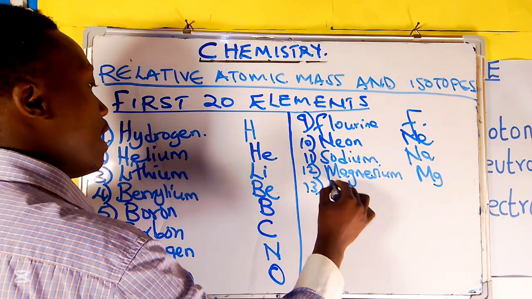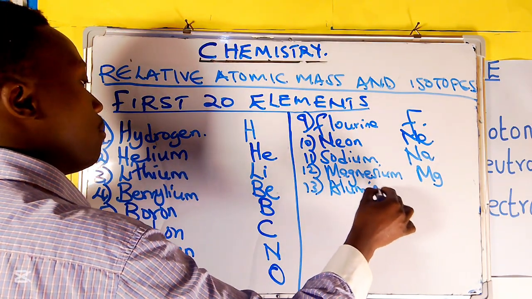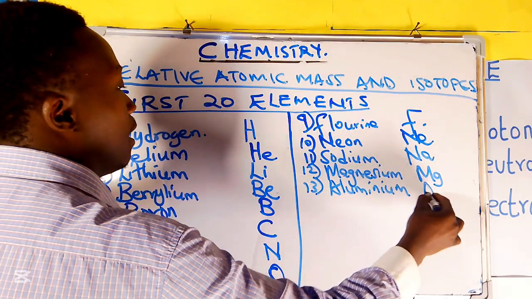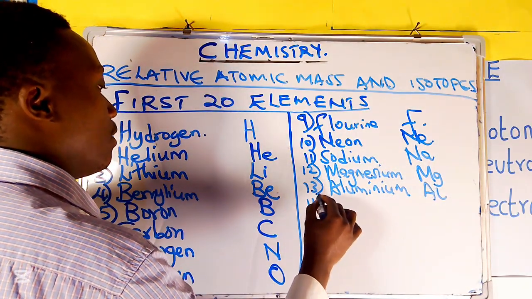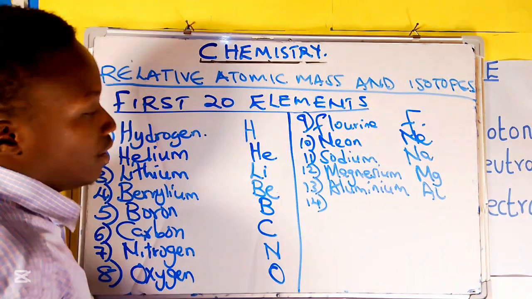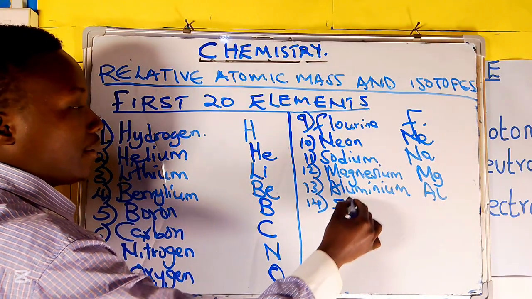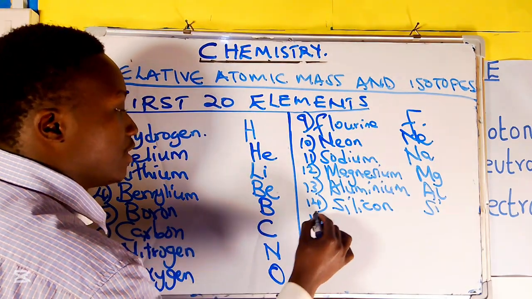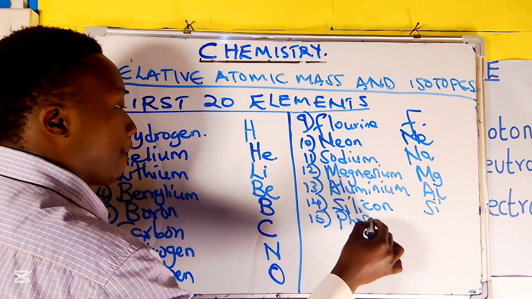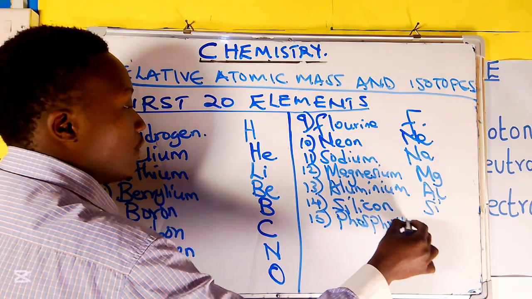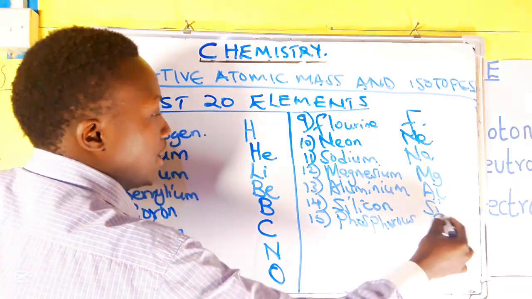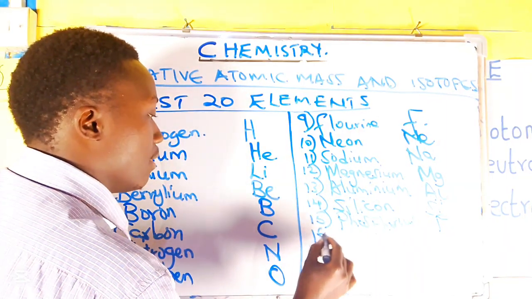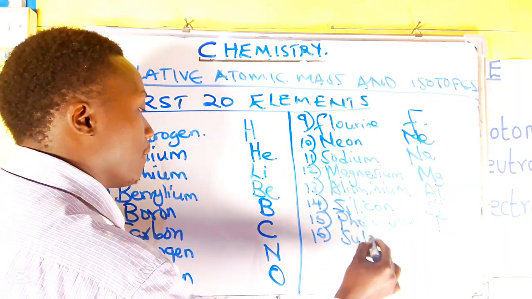13 we have aluminium. Aluminium is Al. Number 14 we have silicon. Silicon is Si. Number 15 we have phosphorus. Phosphorus is P. Number 16 we have sulfur.